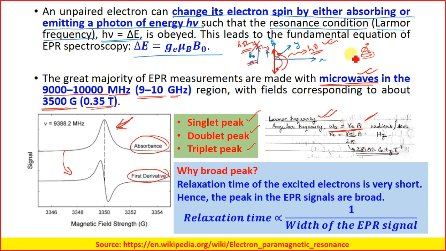In a particular magnetic field, a particular frequency of the electromagnetic radiation will be required to flip this magnetic moment to the high energy state. The upper one is the alpha state, which is the low energy state, and the lower one is the beta state, which is the high energy state.